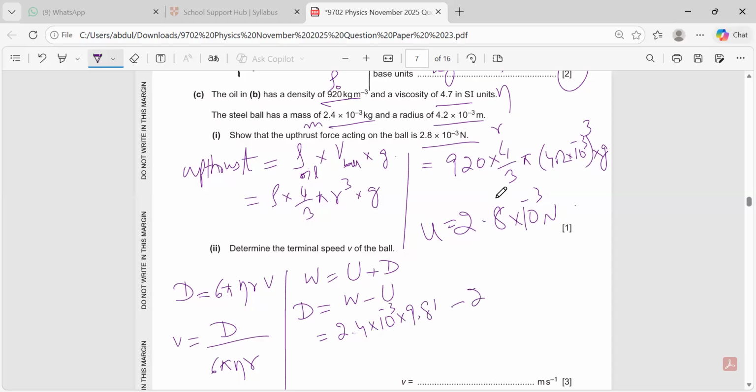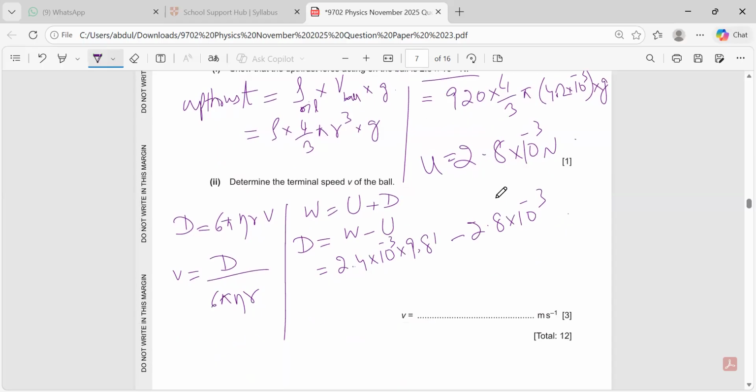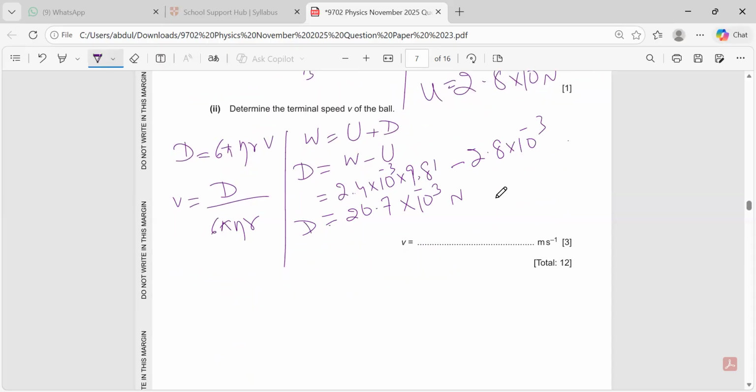We just calculated 2.8 times 10 raised to the power of minus 3. As I'm simplifying it, I'm getting the value of D equal to 20.7, roughly, times 10 raised to the power of minus 3 Newton.